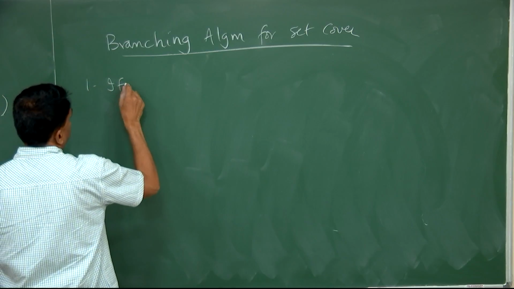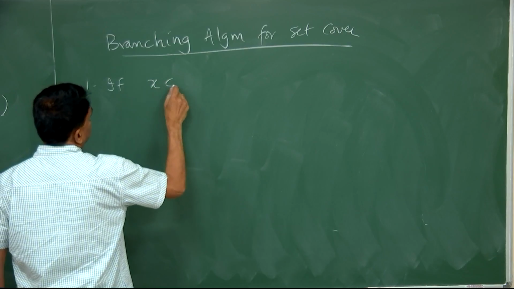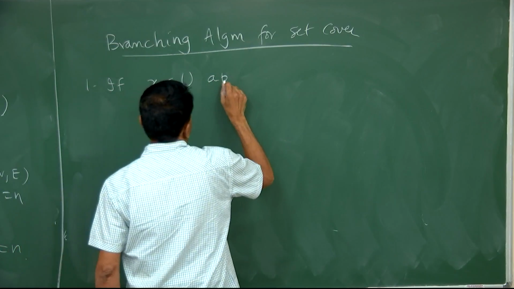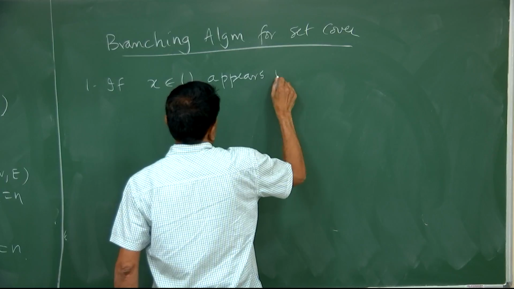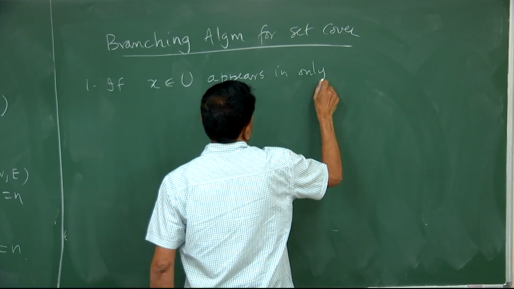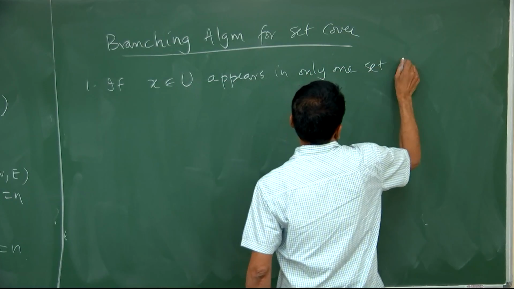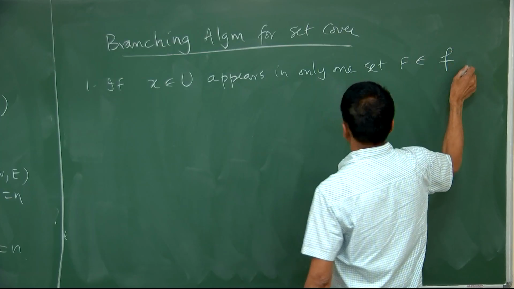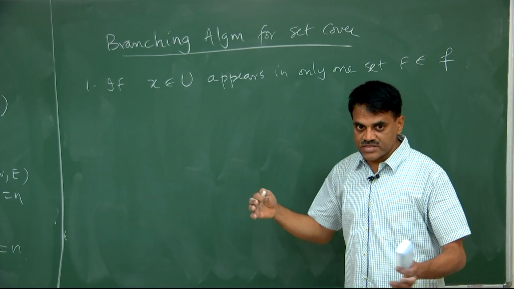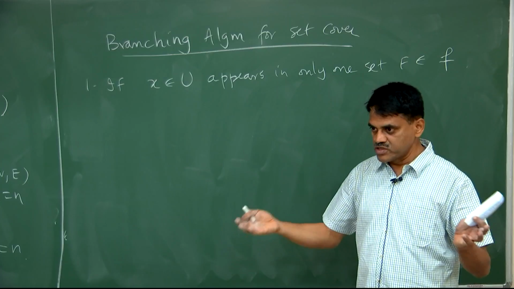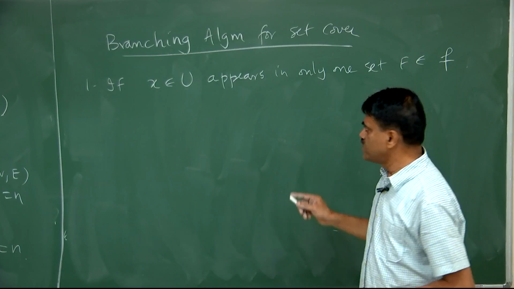If some x in U appears in only one set F, that set has to be chosen in my solution because that's the only set covering that element.